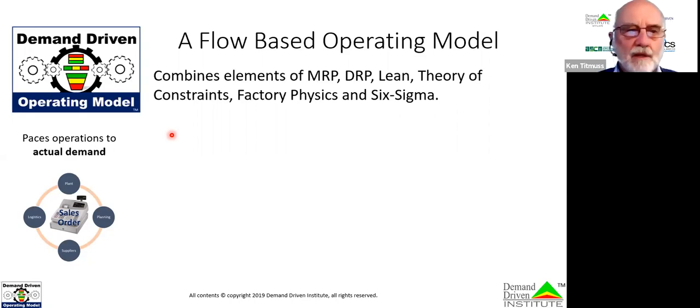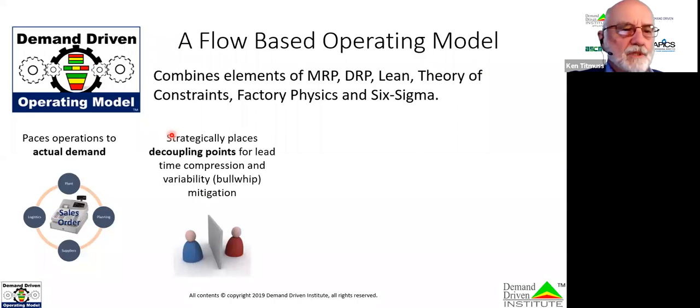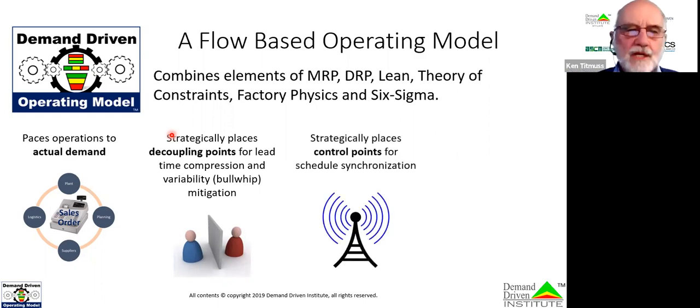And this operating model, first of all, is going to be paced to actual demand, not to a forecast, which we know is inaccurate. It's going to be paced to actual requirements coming from the customer. Second, we're going to strategically decouple points in the supply chain for lead time compression and to mitigate the bullwhip effect. Thirdly, we're going to strategically place control points in our operating model to schedule synchronization.